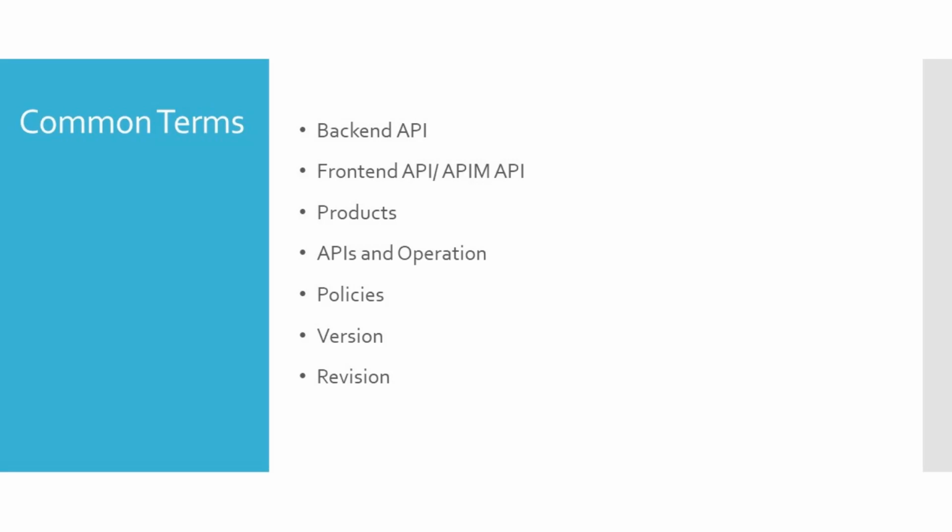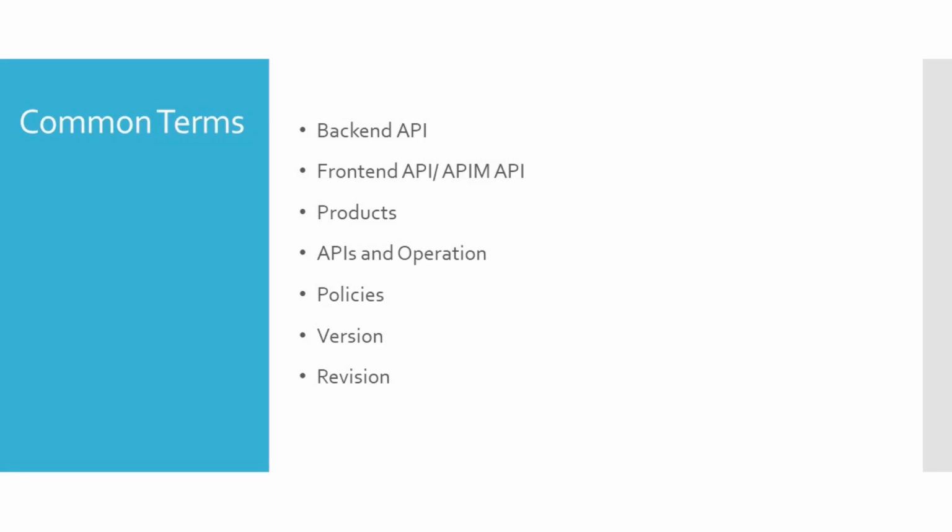There are some common terms in APIM, and those terms are backend API, frontend API, APIM product, APIM operation, policies, version, revision. So let's see each one of them one by one. Backend API.